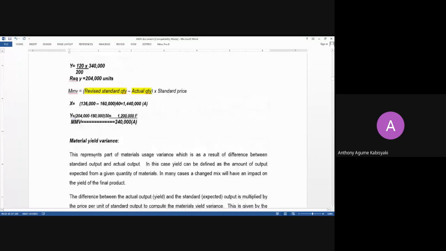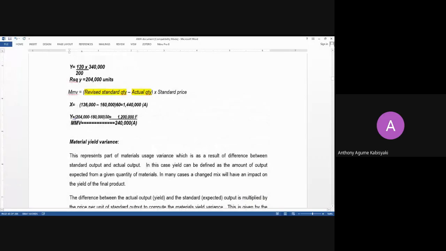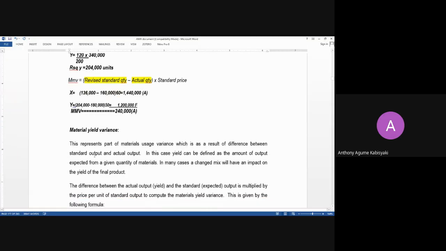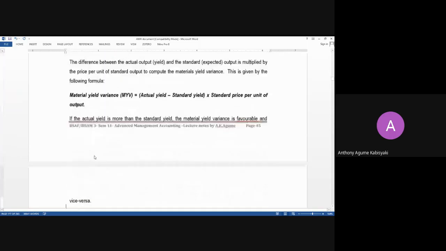With this one, basically you're looking at what you are getting out of the materials that you've used, comparing with your plan and what you've actually got. And for yield, it is given as actual yield minus standard yield, then times the standard price per unit of output.